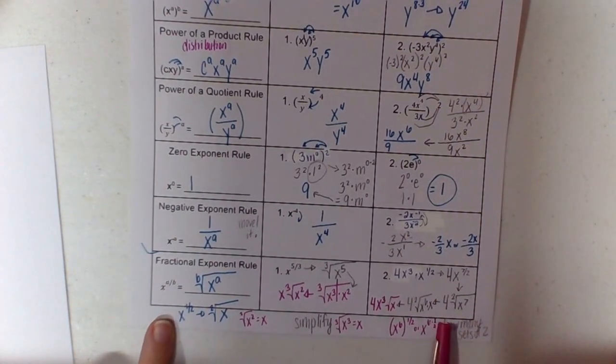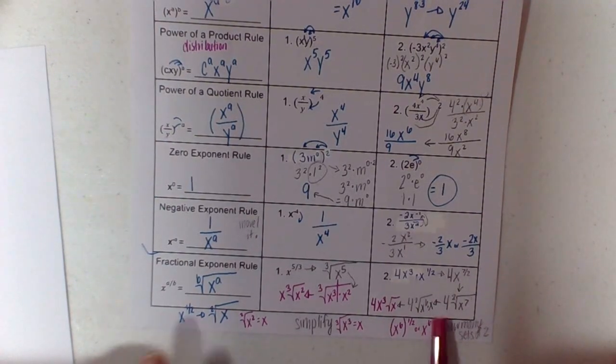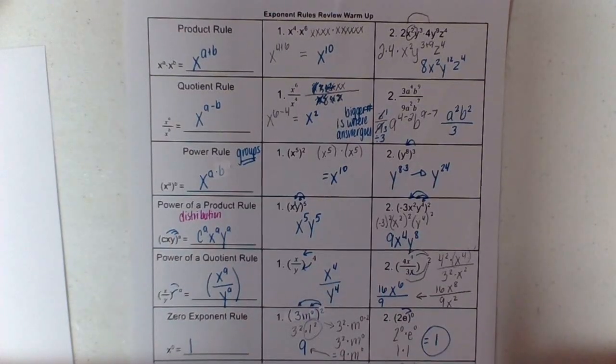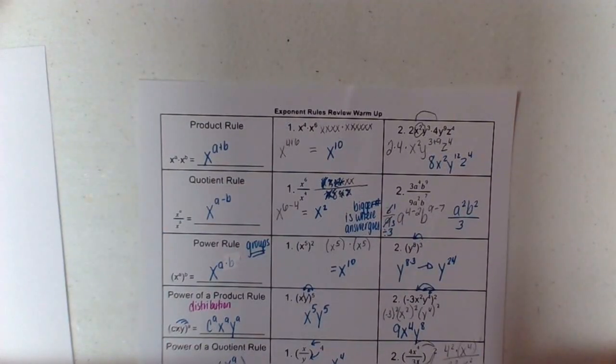This is going to be the one you're going to see the least. You may not even see this on your EOC. So I don't want you to stress about the one on the bottom. The ones you are going to see is all of the ones up above.